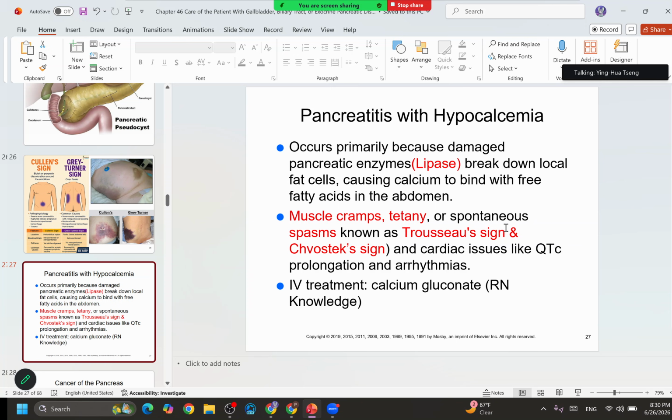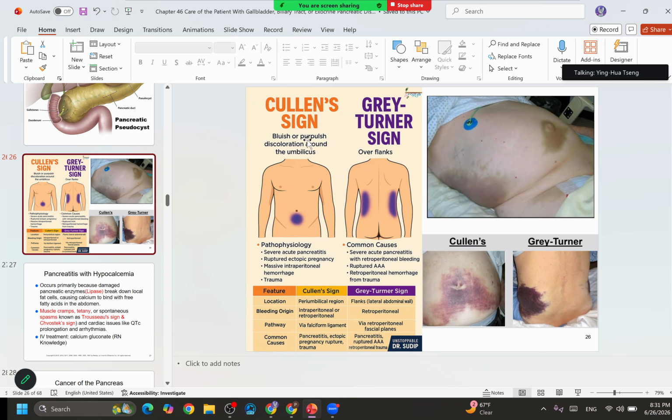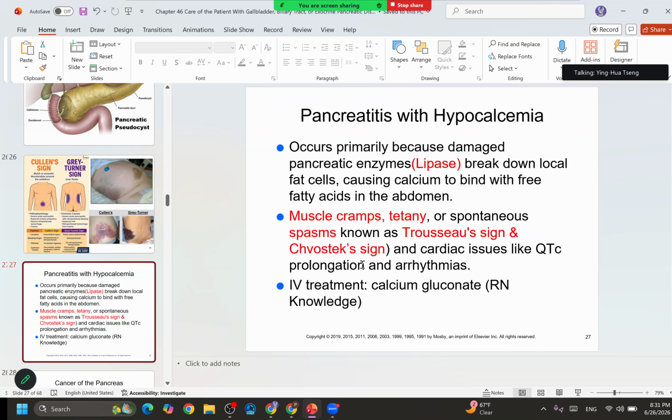So the NCLEX is asking you: the patient has pancreatitis, and you're checking the blood pressure, and the blood pressure went low. You can see a bleeding sign like Cullen's sign in the middle, and the patient also has Trousseau's sign on the arm. What can you do to help this patient?